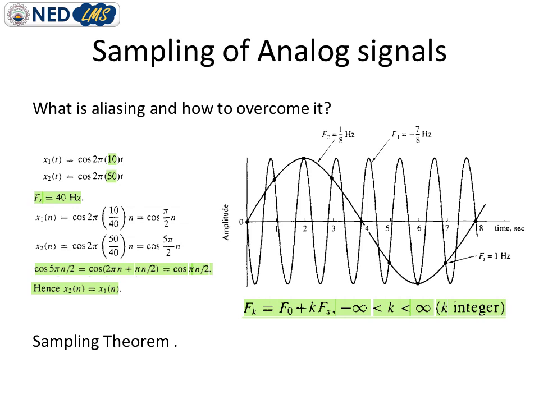You can also see that I concluded with the remark that x2 of n is equal to x1 of n. We will get the same samples or same sequence. However, we know that the continuous time signals are different in the continuous time domain. Both signals are different in shape, having different frequencies. But in the discrete time domain, we are getting the same samples or same sequence for both signals.